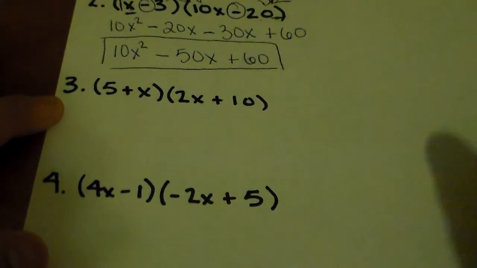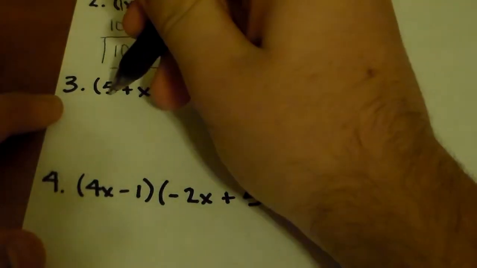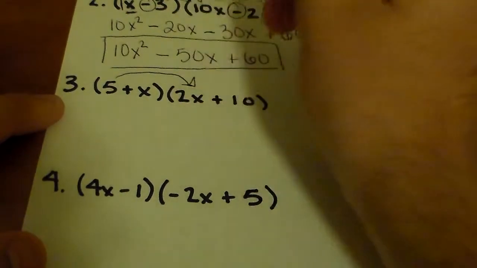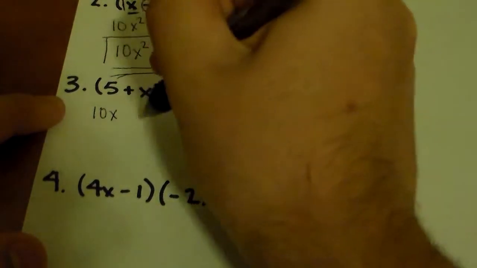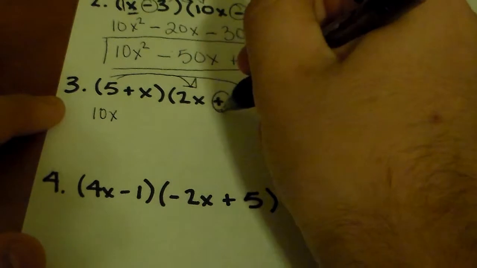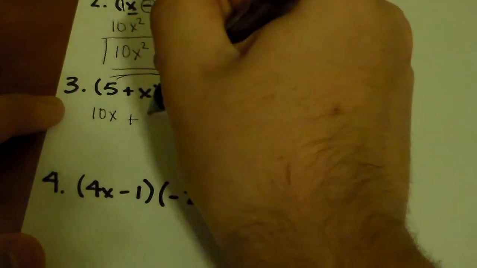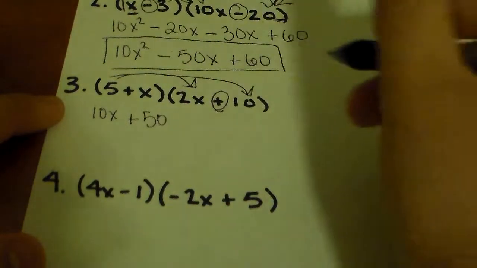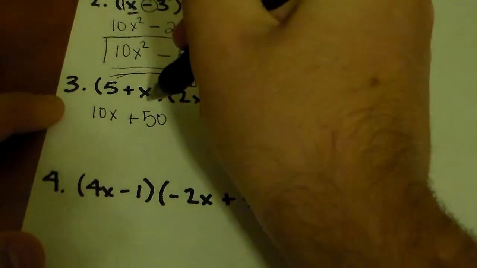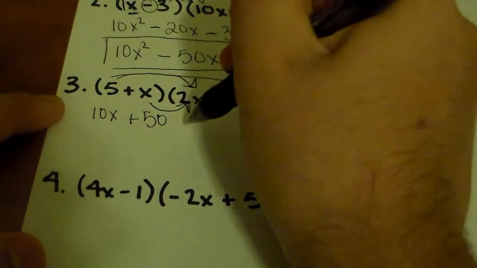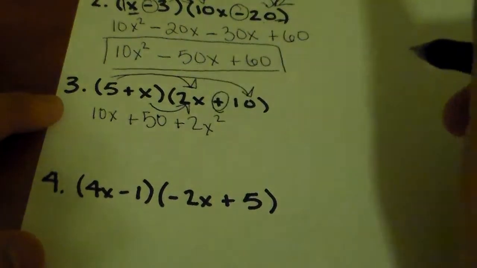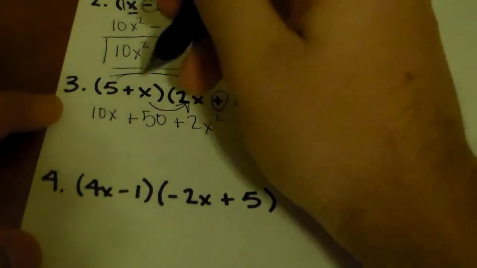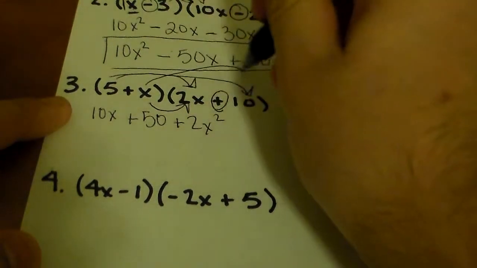So, once again, it's going to be 5 times 2x, which will become 10x. 5 times the 10 becomes a positive 50. So it's going to be plus 50. And then it's going to be x times the positive 2x, which will become plus 2x squared. And then it's going to be the last two terms, which is the x and the 10.